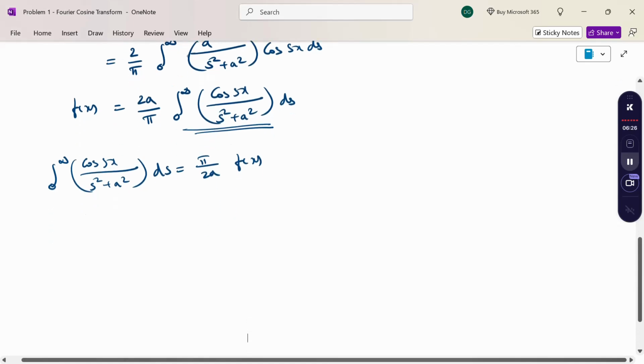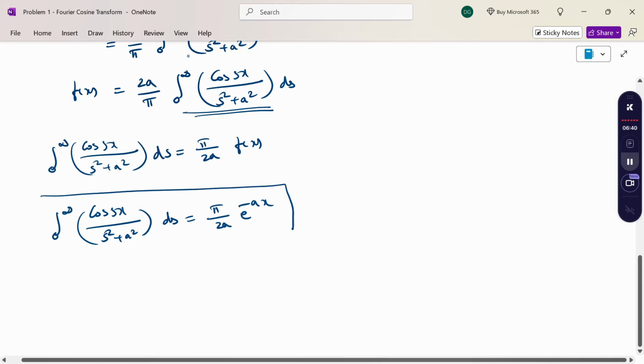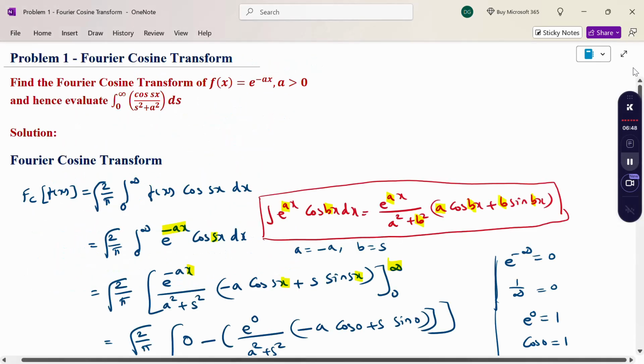Now substitute the f of x value: the integral from 0 to infinity of cos sx by s square plus a square ds equals pi by 2a e power minus ax. So this is our value when we apply the inverse Fourier cosine transform. In this problem we used the Fourier cosine transform and the inverse Fourier cosine transform. Thank you.